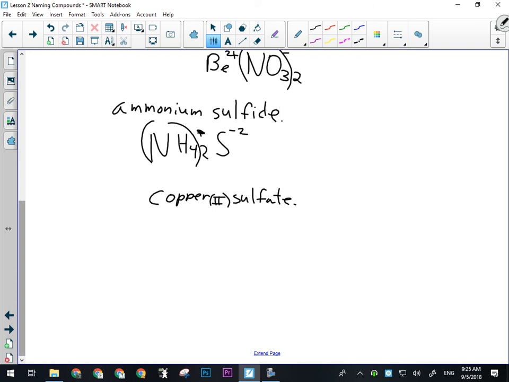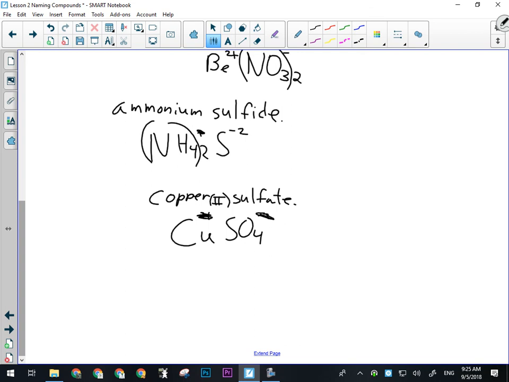You wouldn't believe how often I see people just put a 2 beside it because there's a Roman numeral 2 there. Copper is Cu, but it can be a 1 or a 2, and the Roman numeral told us that this is the copper with the 2+ charge. It is with sulfate, which is a -2. So those cancel each other out. CuSO4 is our formula. Everybody all right with that one?